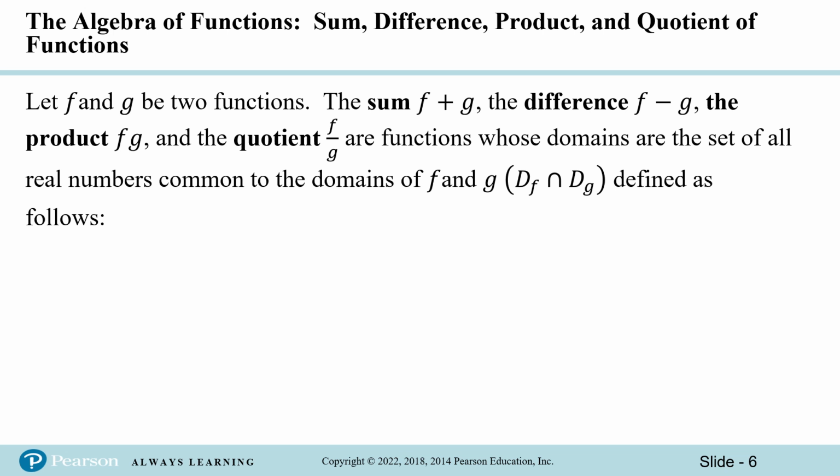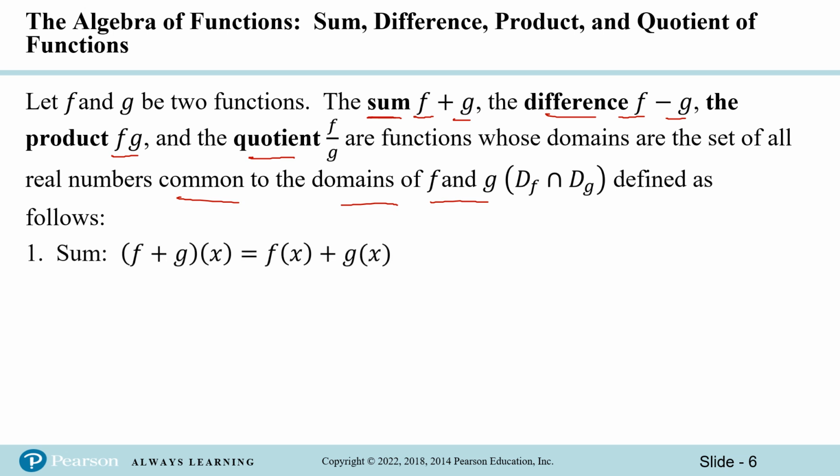Algebra of functions. So the sum of two functions, the difference means subtract, the product or multiplying, and the quotient are functions whose domains are the set of all real numbers common to the domains of f and g, defined as follows.